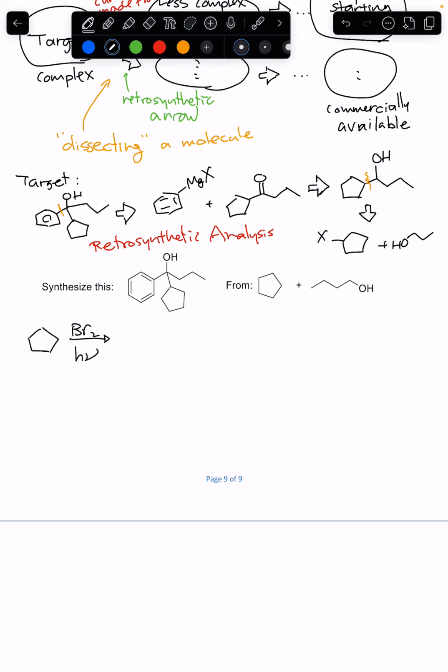So that's just another way of saying this is light energy. If you shine light on bromine with alkane, you get a bromination reaction. Okay, so that's just something I want you to know.